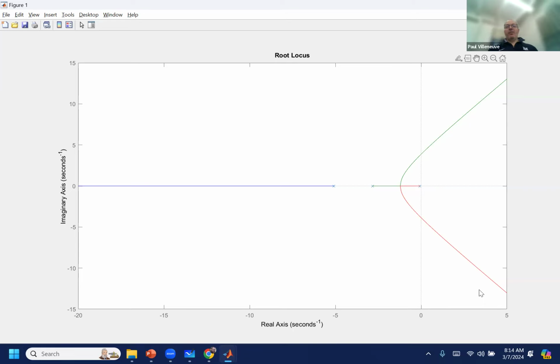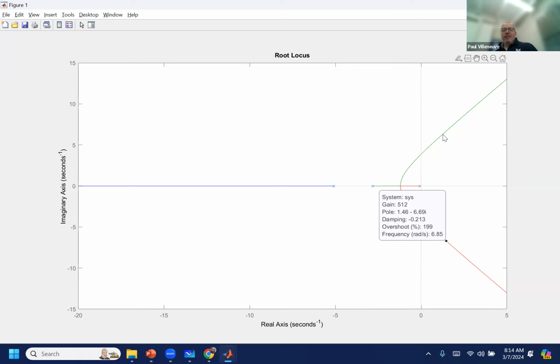The other interesting thing too, remember what we said a long time ago about complex roots? They have to be complex conjugates, right? Does this indicate you have complex conjugates? Yeah. Sure does. Because over here, if I click on this one, my gain is 512.